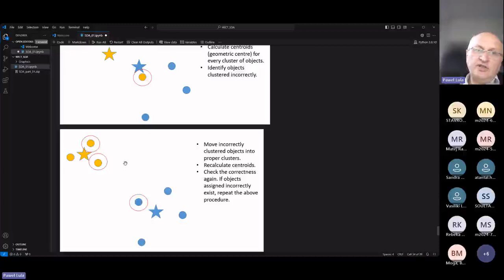Now, it will be okay for every object. Every object is now correctly assigned, so it is the final result. So it is the idea of the k-means algorithm. K, because we have k clusters, means because centroids, points for which coordinates are calculated using the mean function, are used.